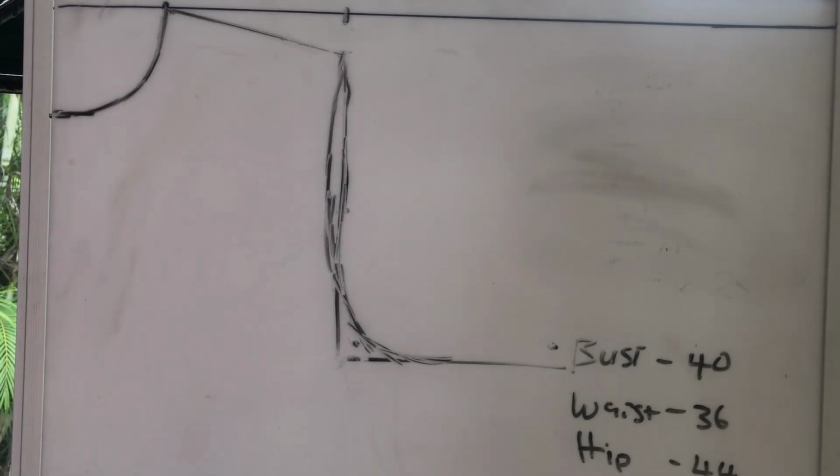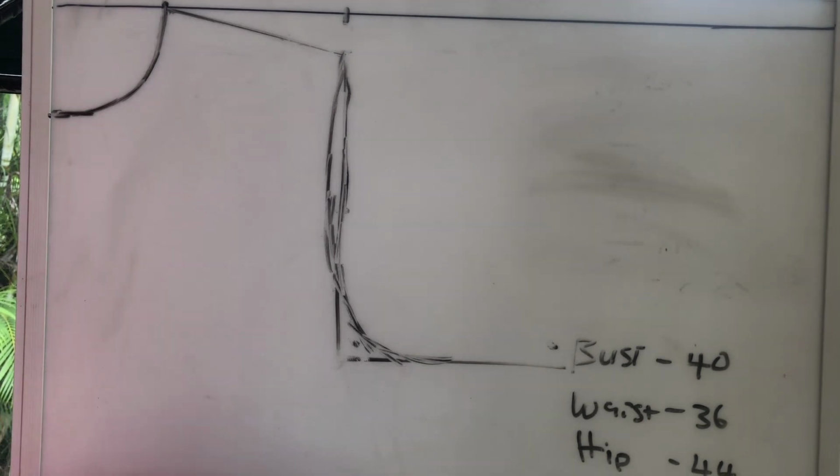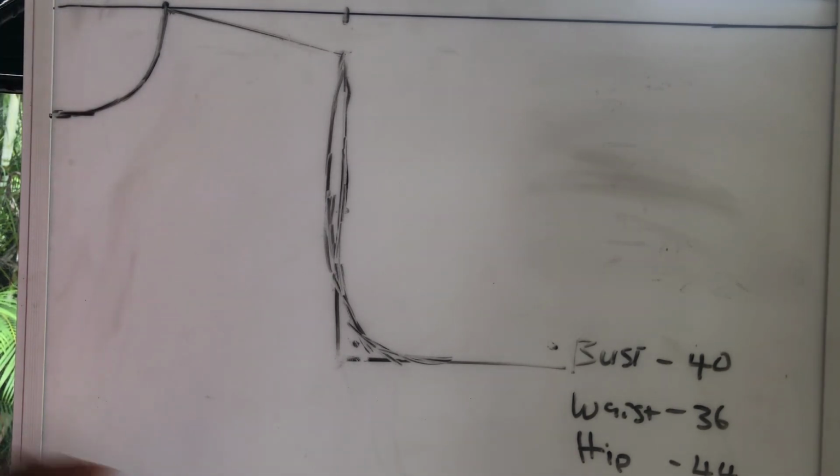Now we go over to this person, who only gave us measurement for bust 40 inches, waist 36 inches, and hips 44 inches. But how do we know the shoulder to bust point? How do we know the shoulder to under bust? How do we know the shoulder to waist? There's a standard formula for it.